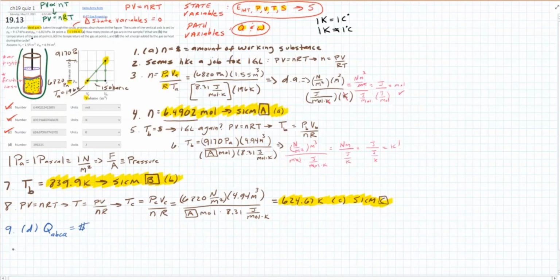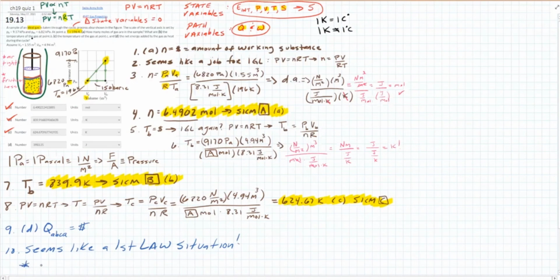Number 10 says, seems like a first law situation. Why am I saying it seems like a first law situation and not an ideal gas law situation? There are two reasons.